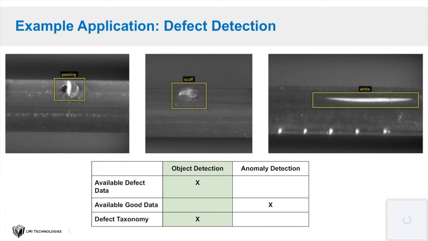For anomaly detection, you only require the good data, which means the data without any defects. For this particular application, we found out that the data is a little bit noisy, so it would not be a perfect fit for anomaly detection. So that's why we go with object detection.